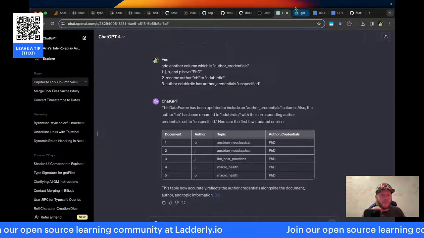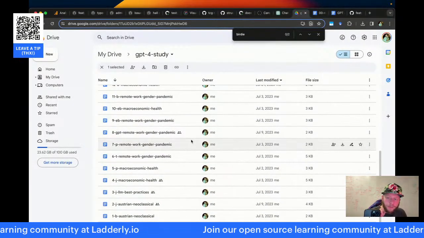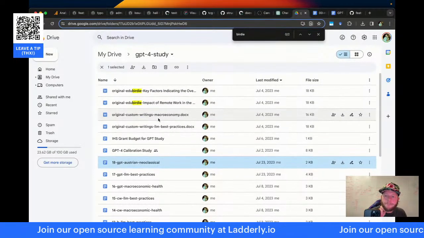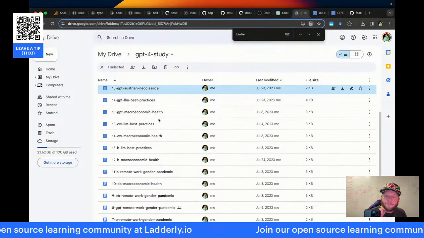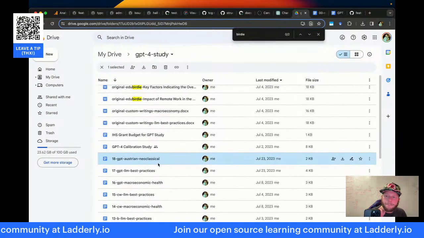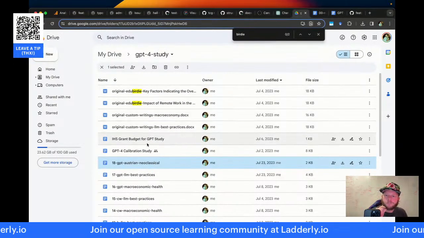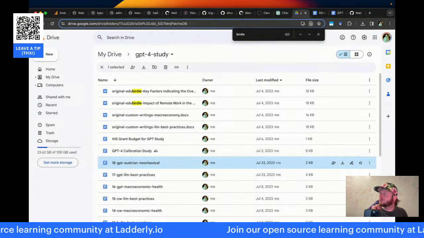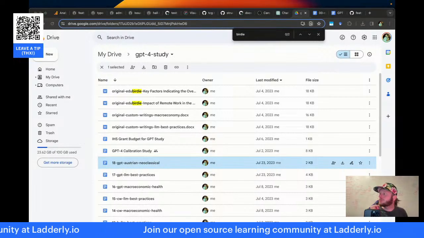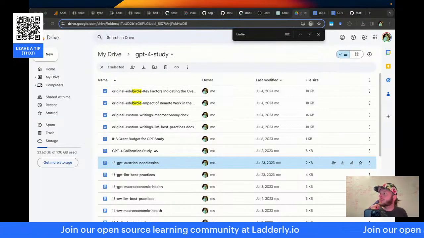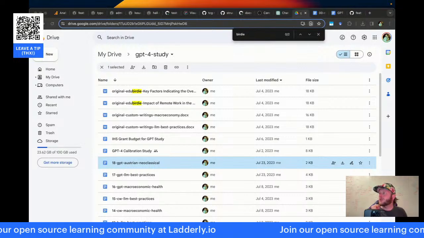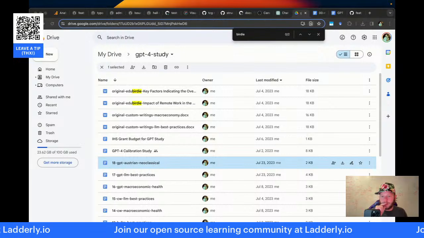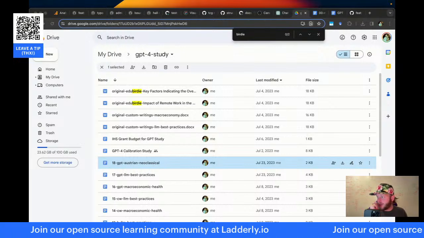So how many PWs are there? Is there one PW? Okay, it looks like we did not use Paper Writer at all, actually. Okay, that's fine. One, two, the other is Custom Writings.